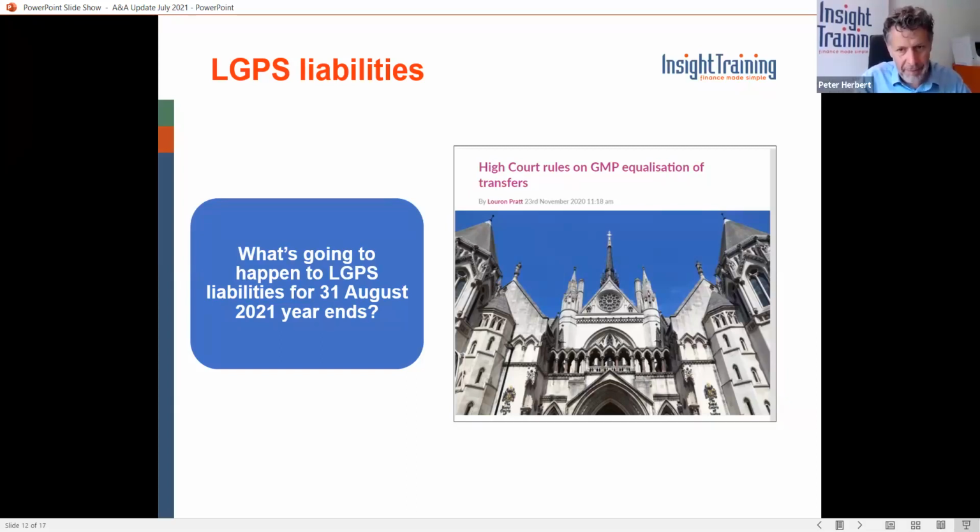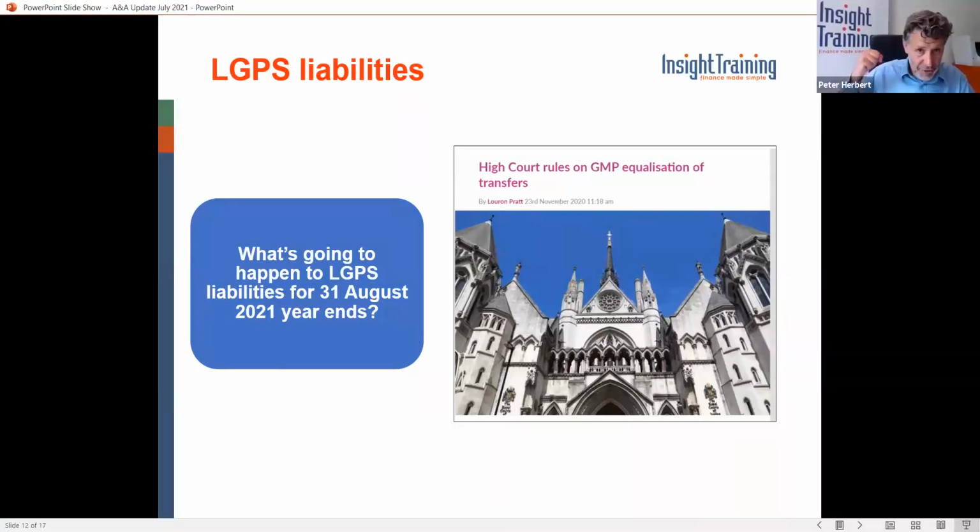You may remember it goes back 3 or 4 years now, whereby certain defined benefit pension schemes offering guaranteed minimum payments were judged over the years to have prejudiced female members, whereby adequate provision was not made for them. And the High Court ruling back in 2018 said there was going to therefore be a need for a top-up to make good.